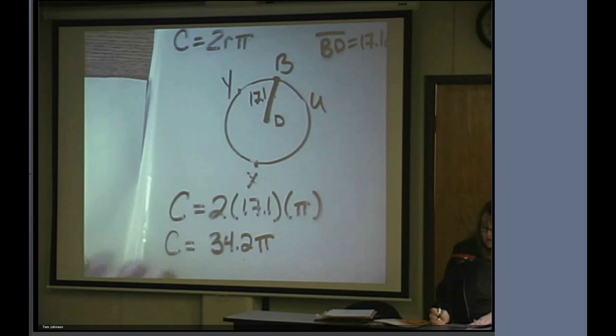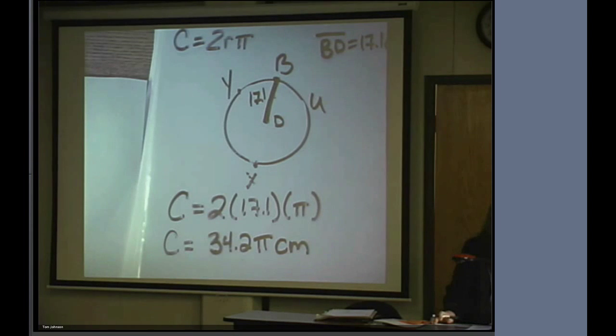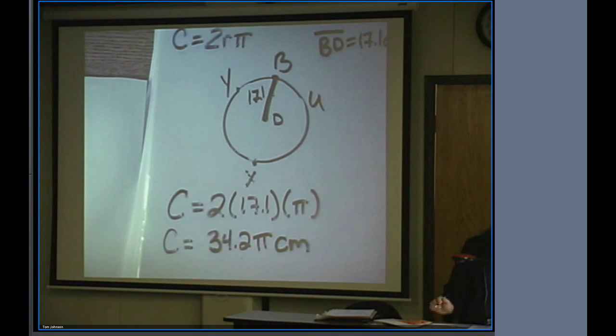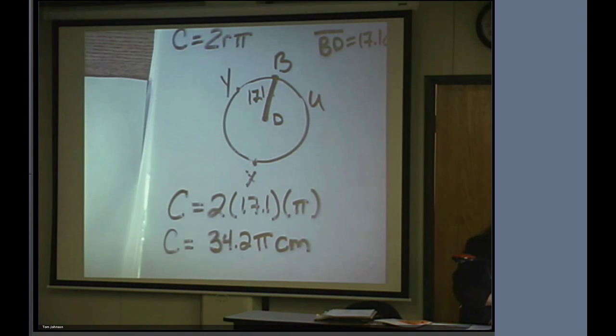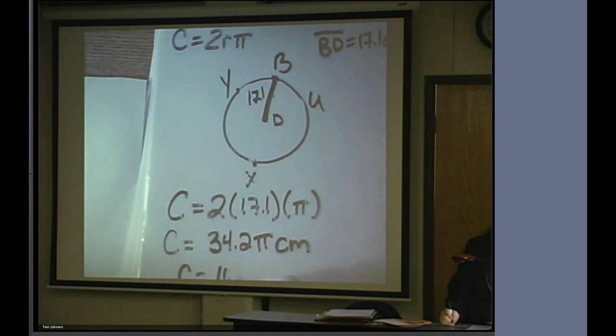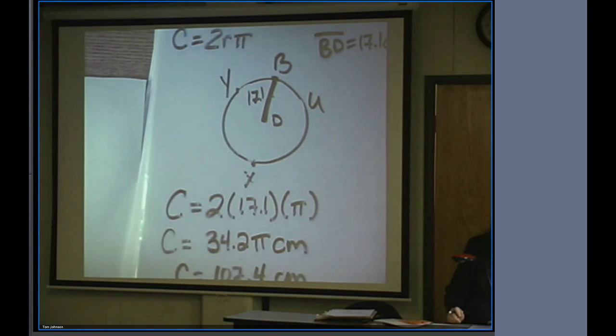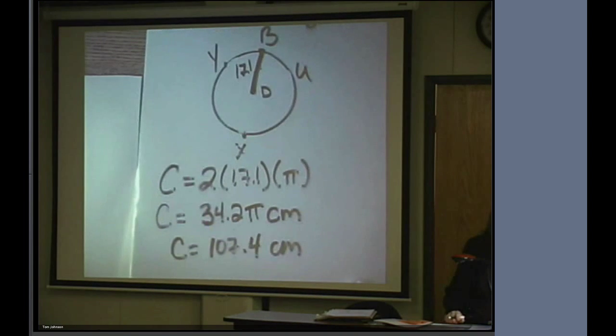My units here are going to be in centimeters, because I'm just finding the distance around, so it's a linear measurement. So what did you get when you multiplied it by 3.14? Did you get 107.4? Yes. Centimeters would be my answer here.